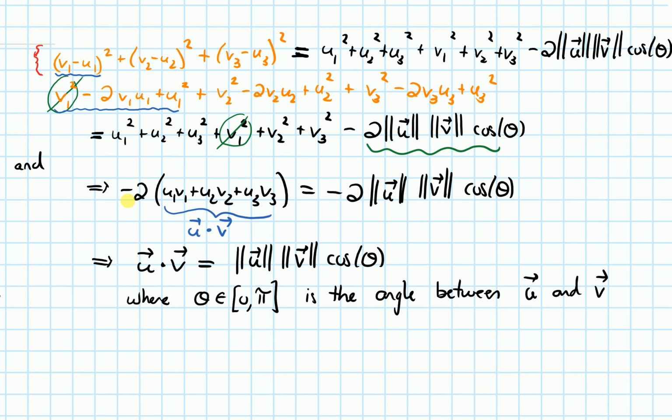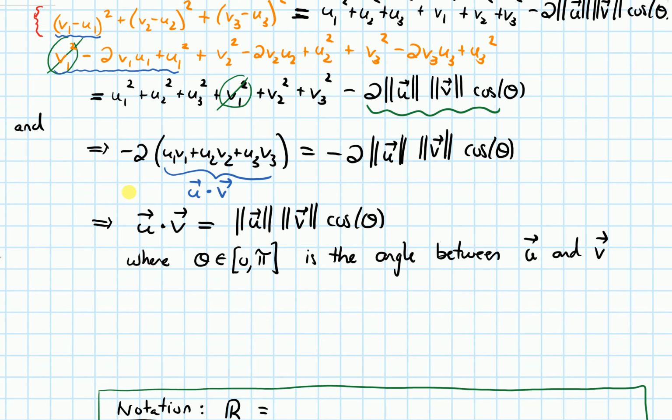All right, so I'm going to draw a picture one more time. So in the picture, we will have a vector u and a vector v, and I'm drawing them emanating from the same point, and then theta is the angle in between them.